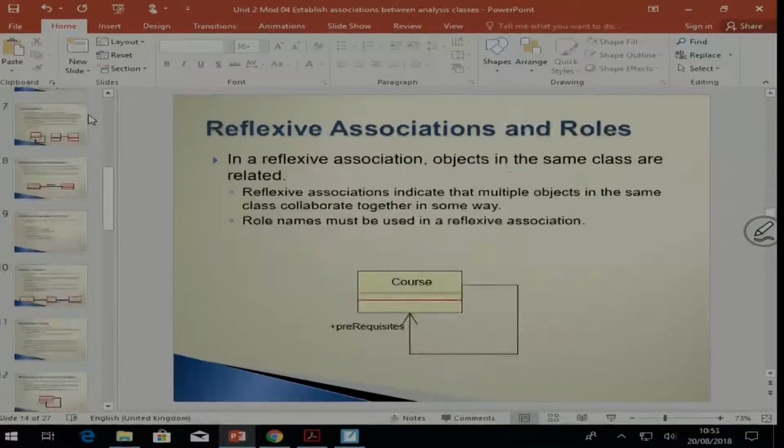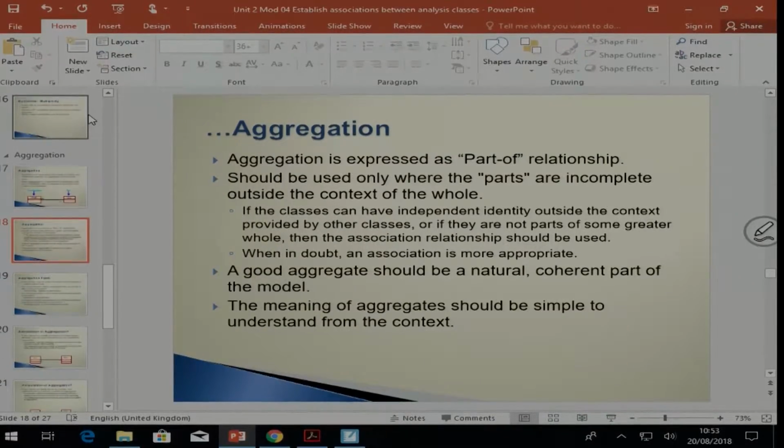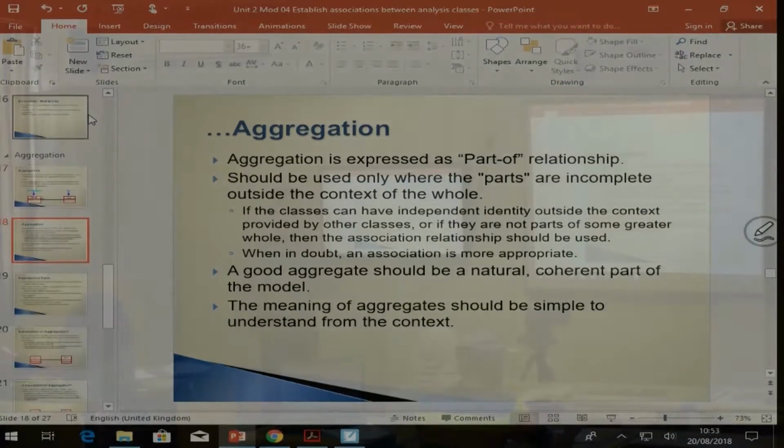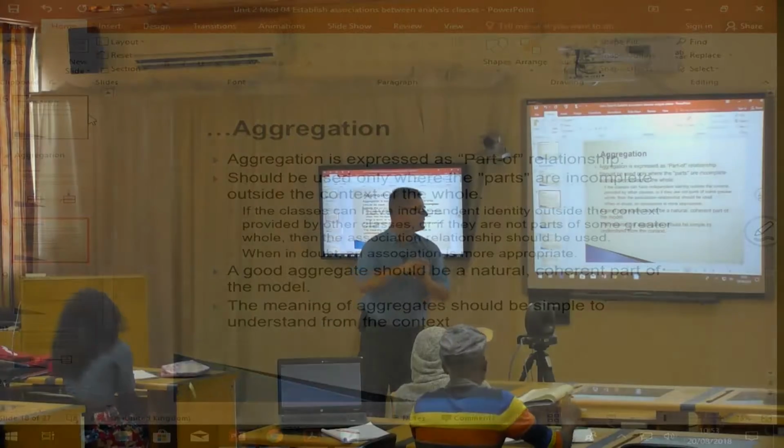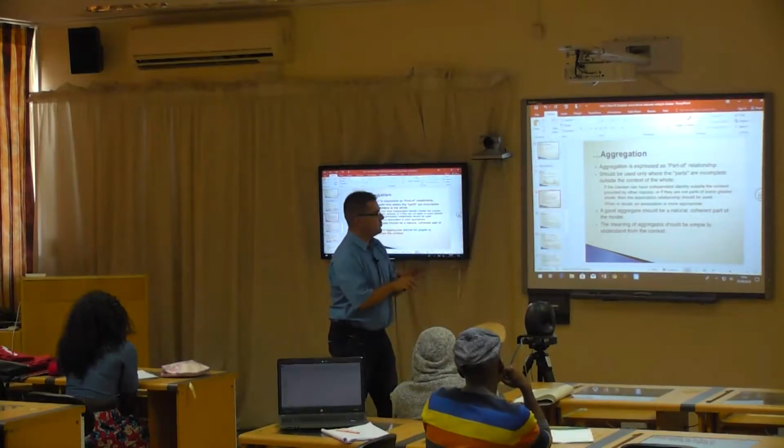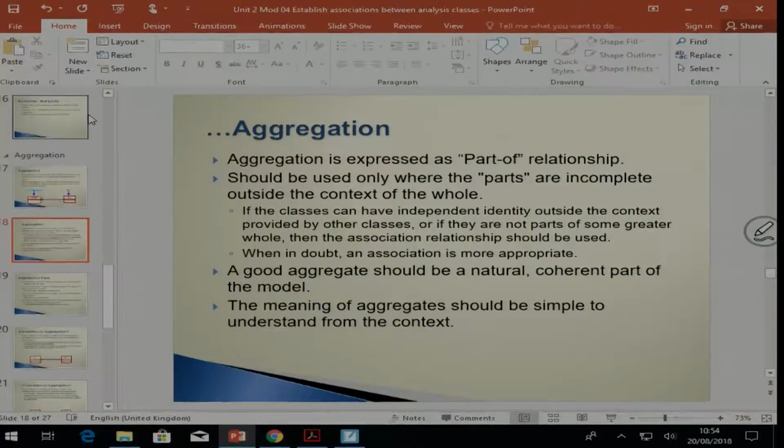So you'll see in part of the presentation there were more rules. So the second bullet tells us aggregation should be used only where the parts are incomplete outside the context of the whole.